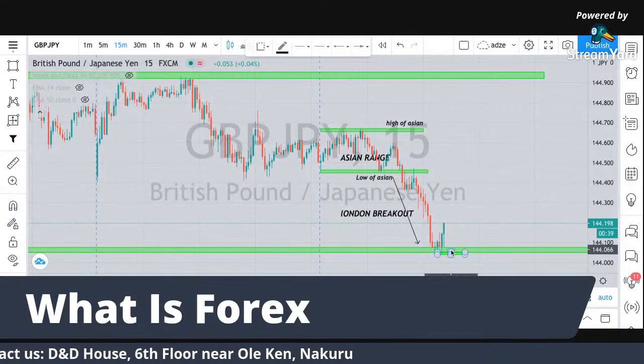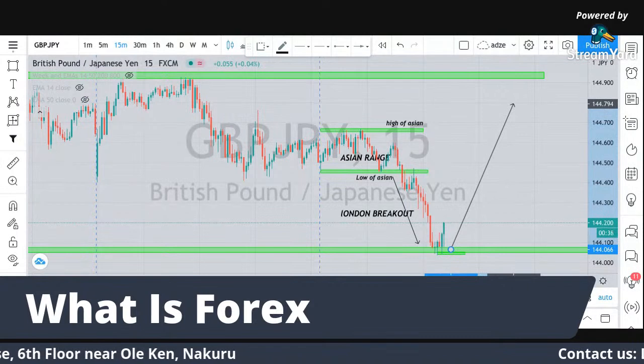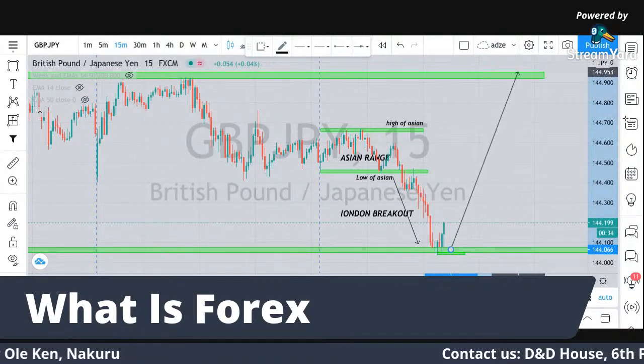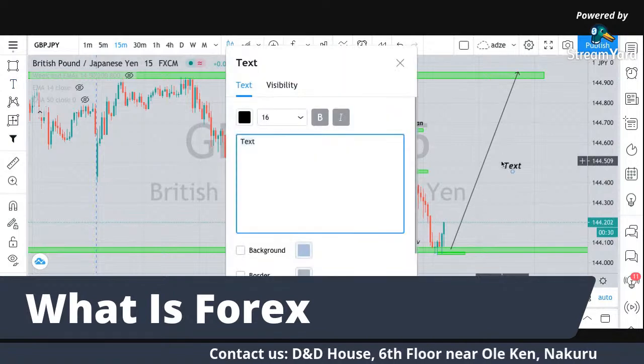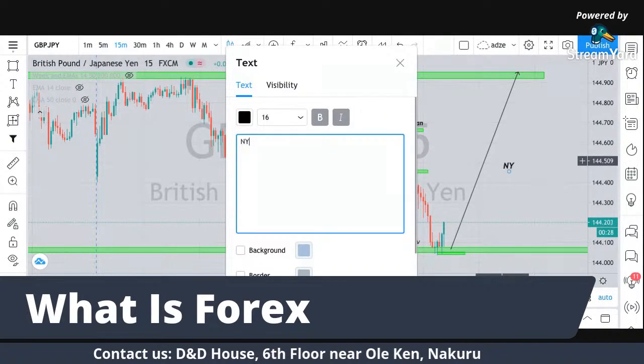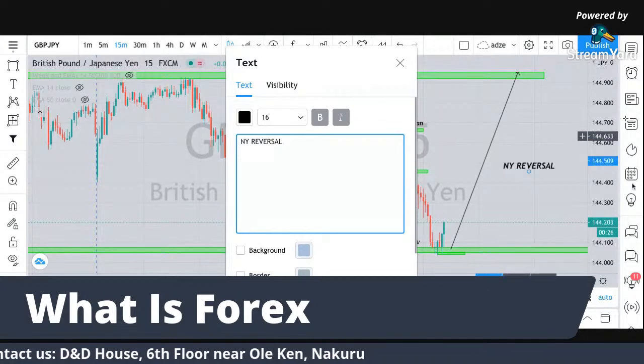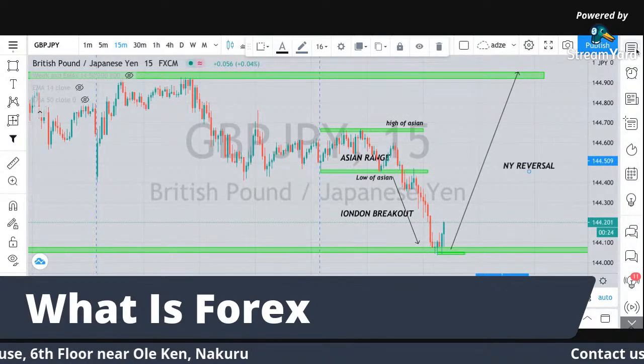We're expecting this up to around here. This will be the New York reversal. This is exactly the same thing that happened yesterday for GU.